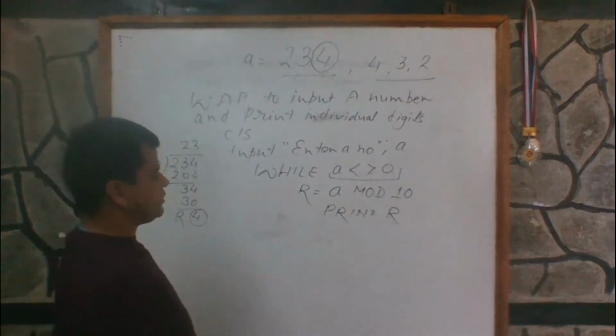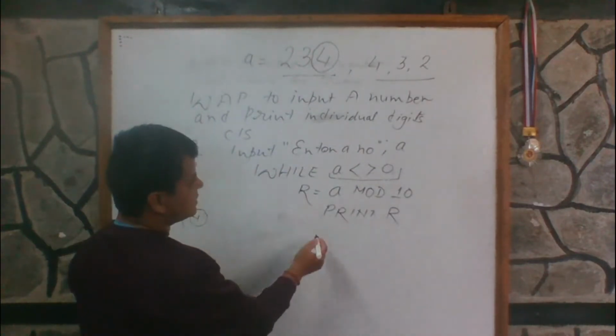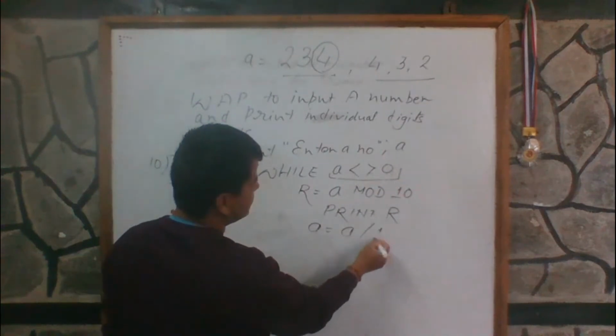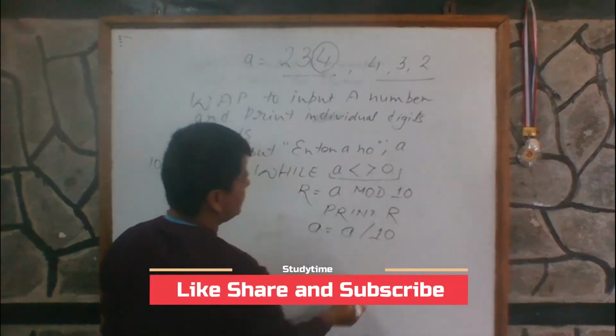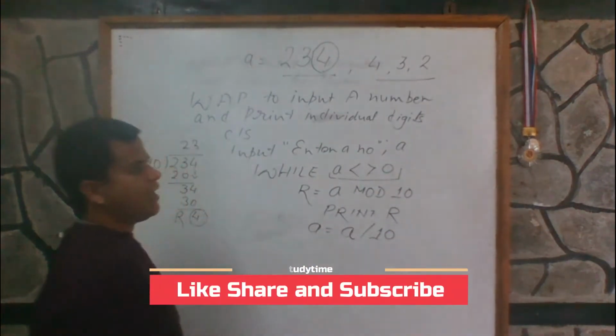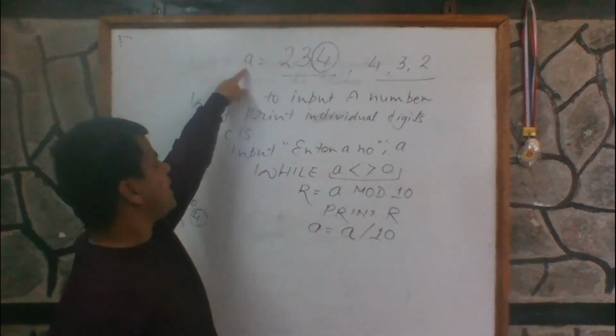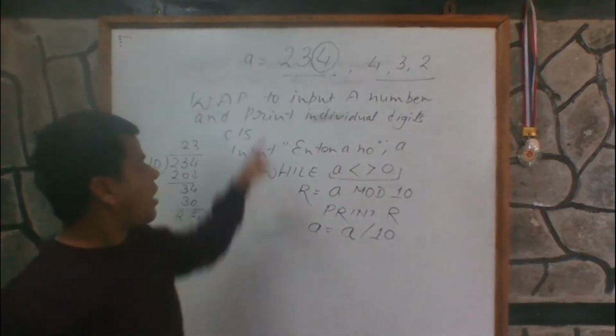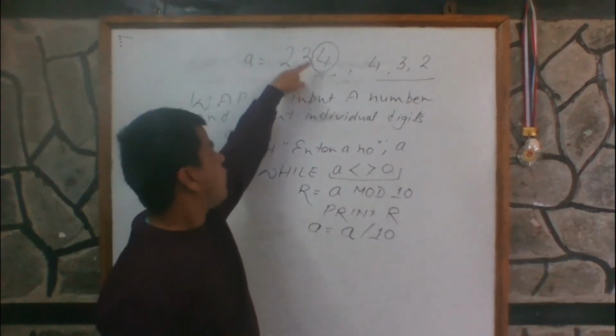And after that, you have to change the number. A is equal to A integer division by 10. This is 10. This is A. Because next time I want the value of A to become 23. Why do we want that?